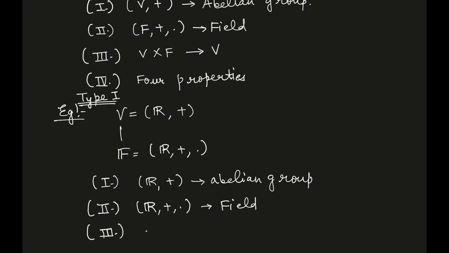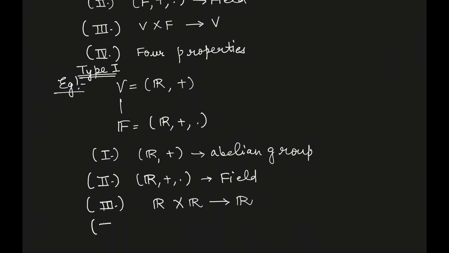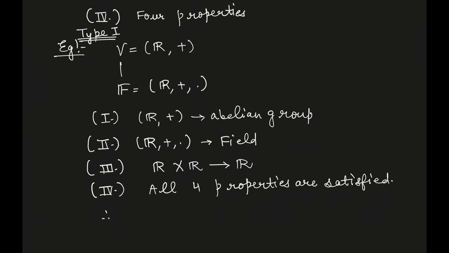Third property, real into real will go to real again. Fourth property, all four properties will also be satisfied. Therefore, V over F, which is written as R over R, is a vector space.